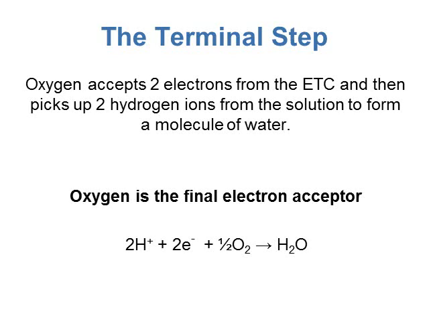It's also going to take up 2 hydrogen ions from that solution. And using that, we're going to get water that's formed. So in aerobic respiration with oxygen, oxygen's going to be that final electron acceptor at the very end of this whole process. So you have hydrogens, electrons, and oxygens, and you end up with water that's produced.